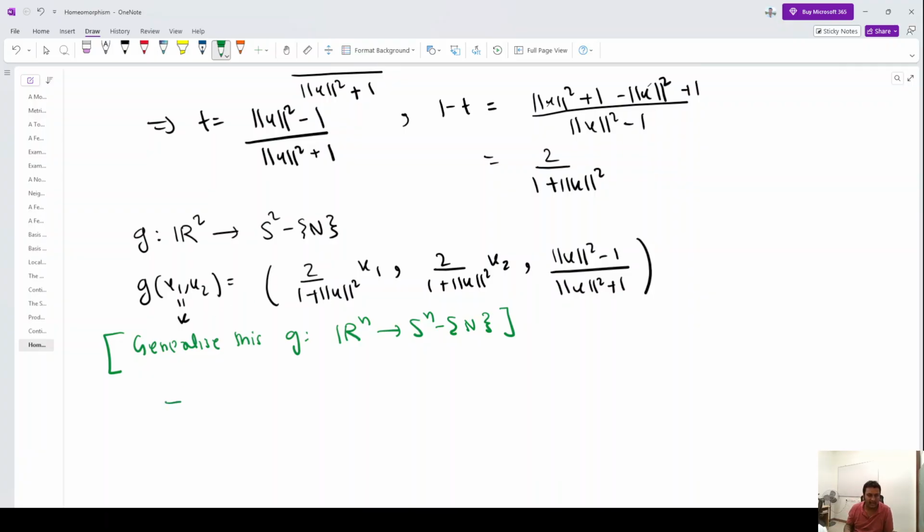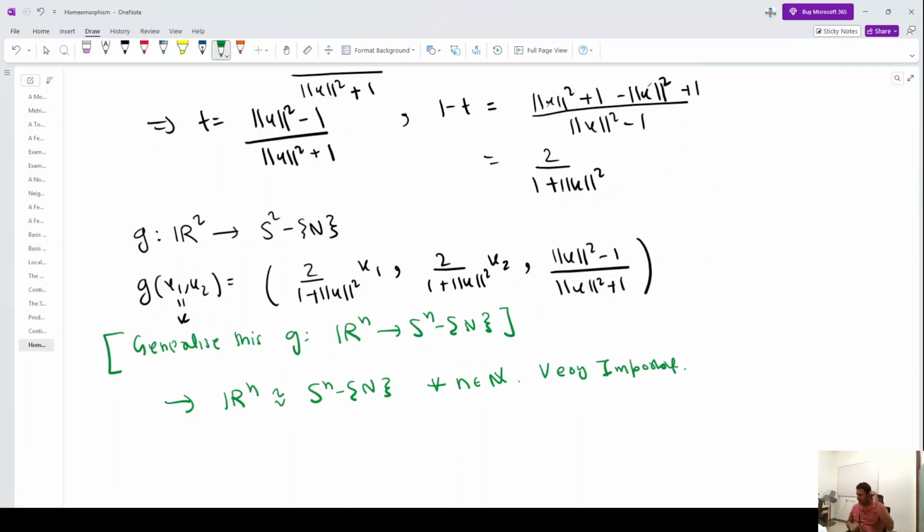We have shown that Rn is homeomorphic to Sn minus the north pole for every n. So this is very important. Very, very, very important. So I hope this much is fine for today.